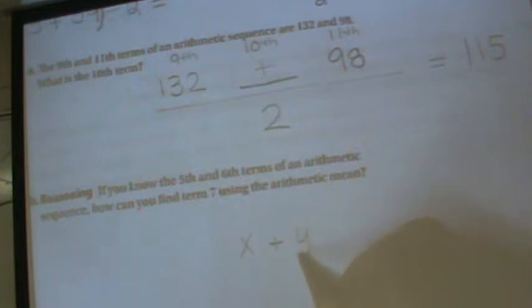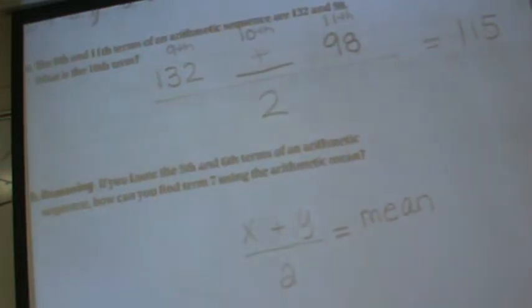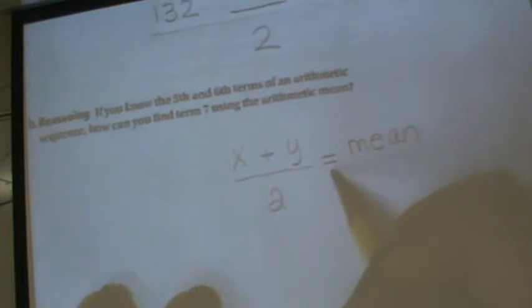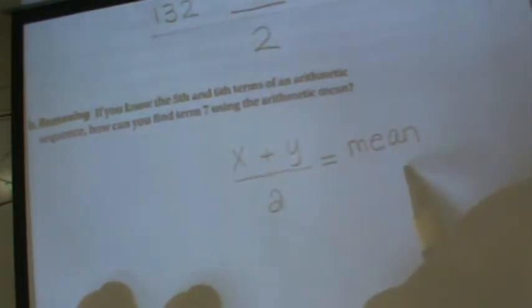This is your mean. So for that example, it'd be 132 plus y divided by 2 equals 115. You've got to subtract it by the x though.